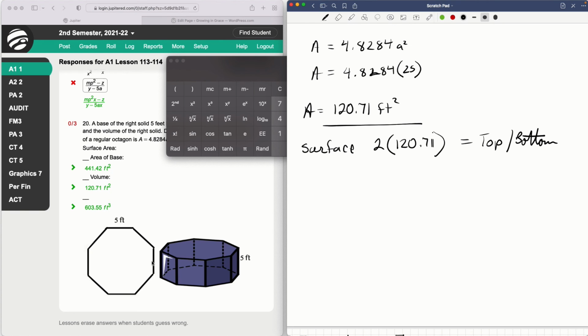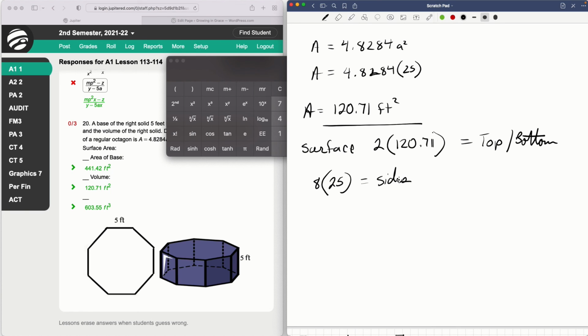So 8 sides times, and they're 5 foot tall by 5 foot wide, right? So 5 times 5, that's just a square. That's all that is on the side, 5 by 5. So 25 is going to be each side. So 8 times the 25, because we have 8 sides. And that's going to equal our sides.